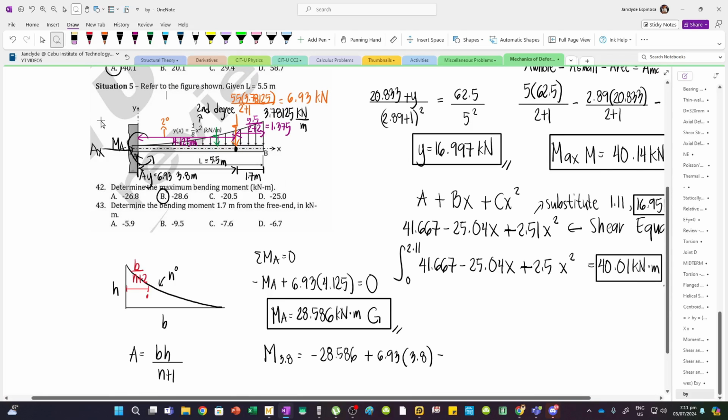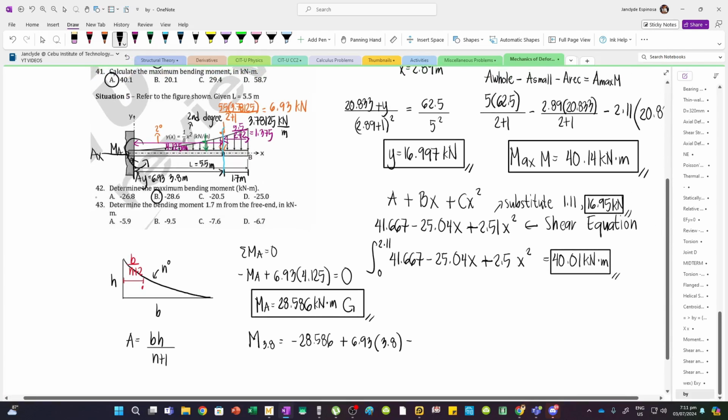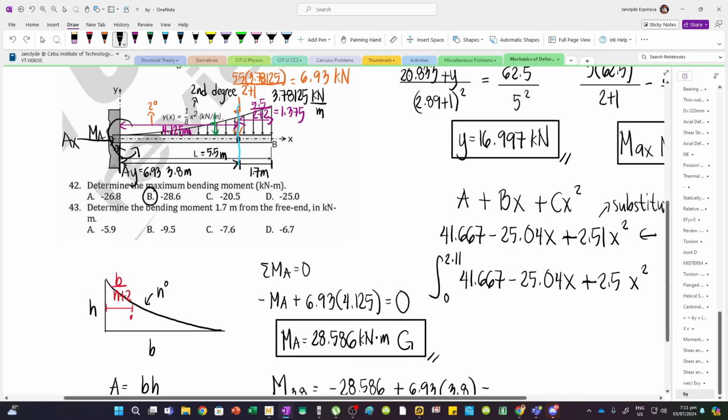Now finally, we want the moment caused by this spandrel, but we're going to cut it right here. For the ratio and proportion, this actually has a resultant right here, and so we're going to solve this height.